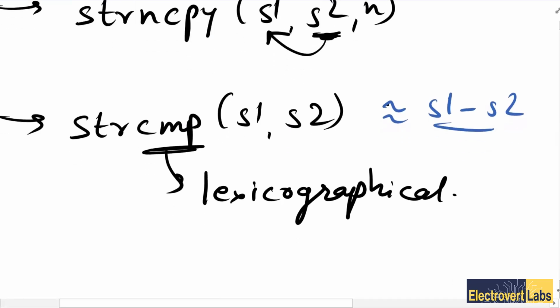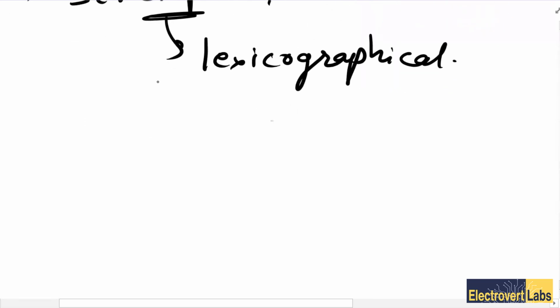For example, I'll explain it to you. What it does is it tries to match the two strings character by character, and once it finds one unmatching character, the difference of their ASCII codes is returned.